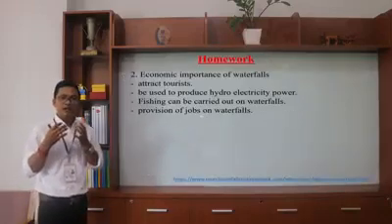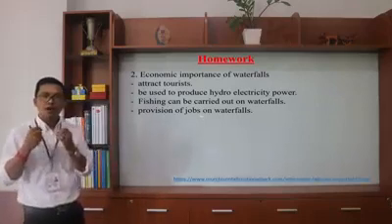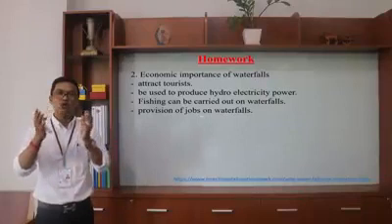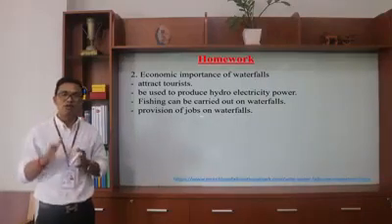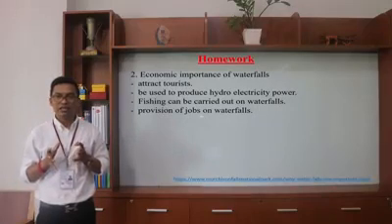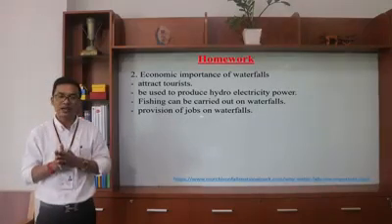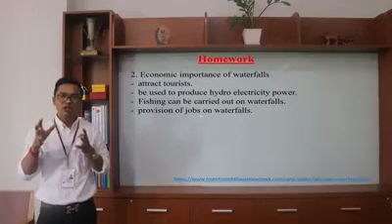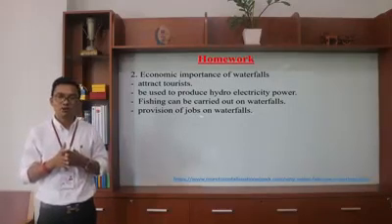And the last point is number 2. We talk about the economic importance of waterfalls. So what is the importance of waterfalls to the economy? The first one, attract tourists. When there is a waterfall, it's often that national and international tourists go and visit there. So it forms various jobs for the local people to earn money.